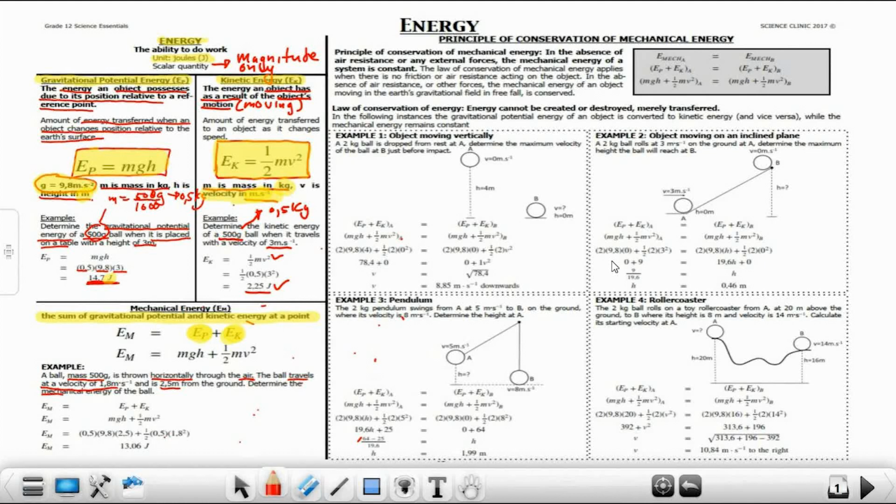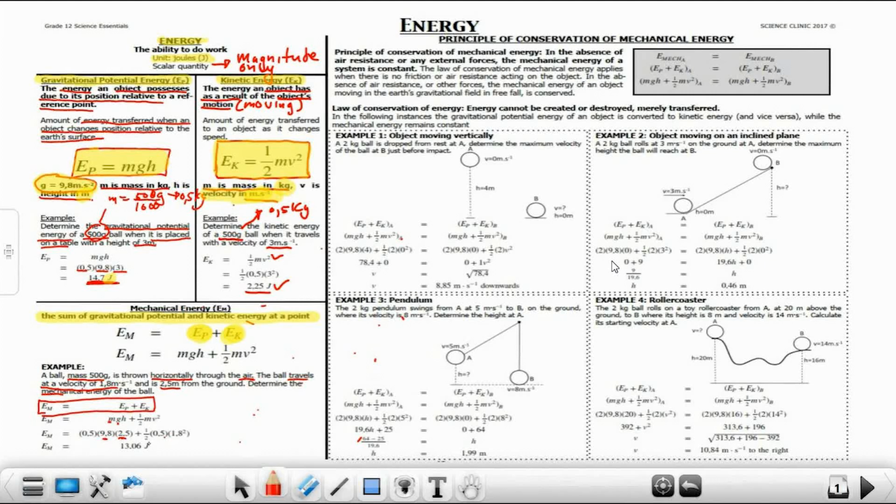So they always start with the formula, which is EM is equal to EP plus EK. What is the mass? 0.5 kg. What is g? 9.8, because it's always given, and the height is 2.5. Do I have anything that is kinetic energy related?